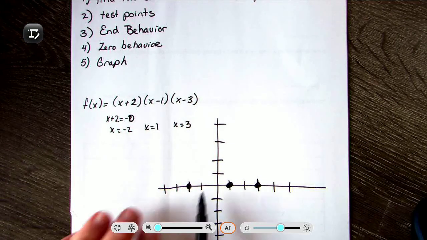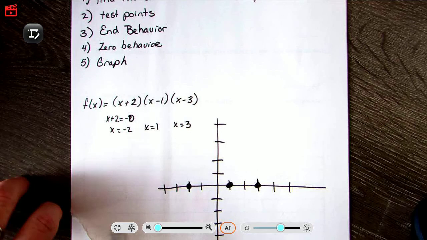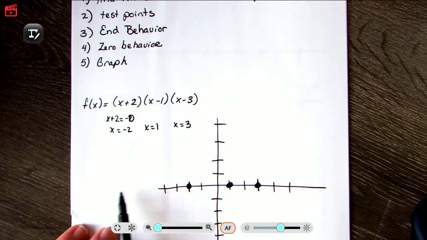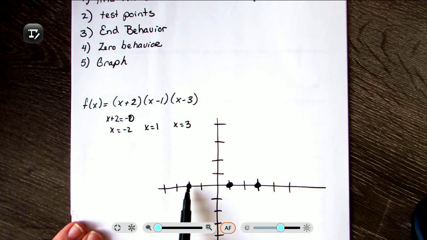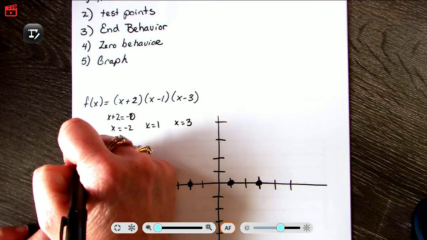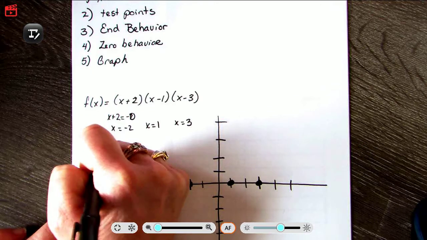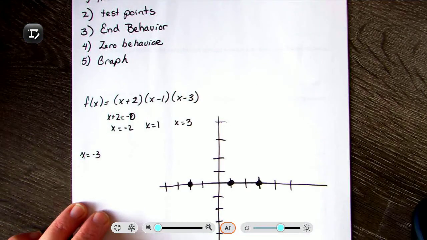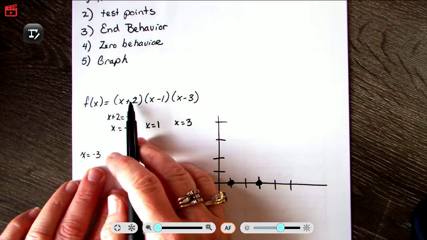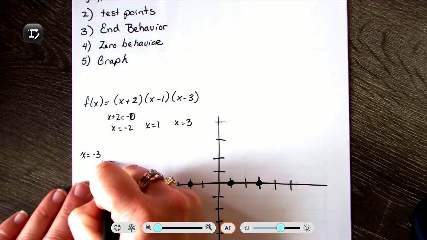So I'm going to start as we read from left to right. I'm going to randomly pick any number in this region that's below the negative 2. So I'm just going to do negative 3, and substitute it in there so I can get another point on my curve.